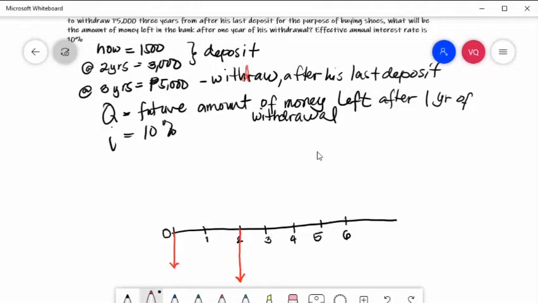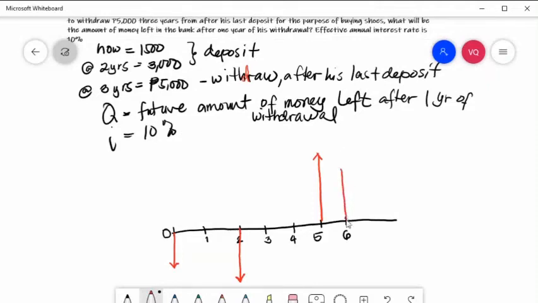So what will be this amount? 5,000. And the future amount of money left after 1 year. So what will the value of this Q?